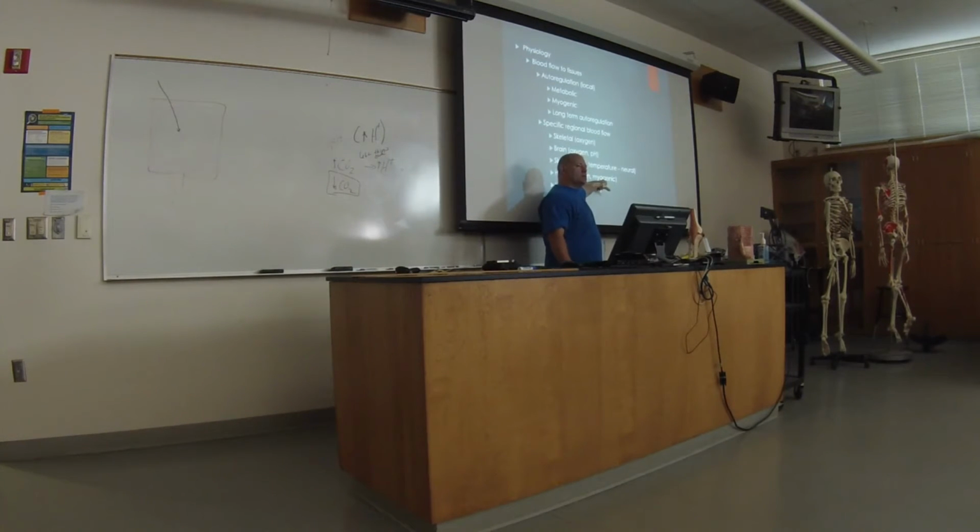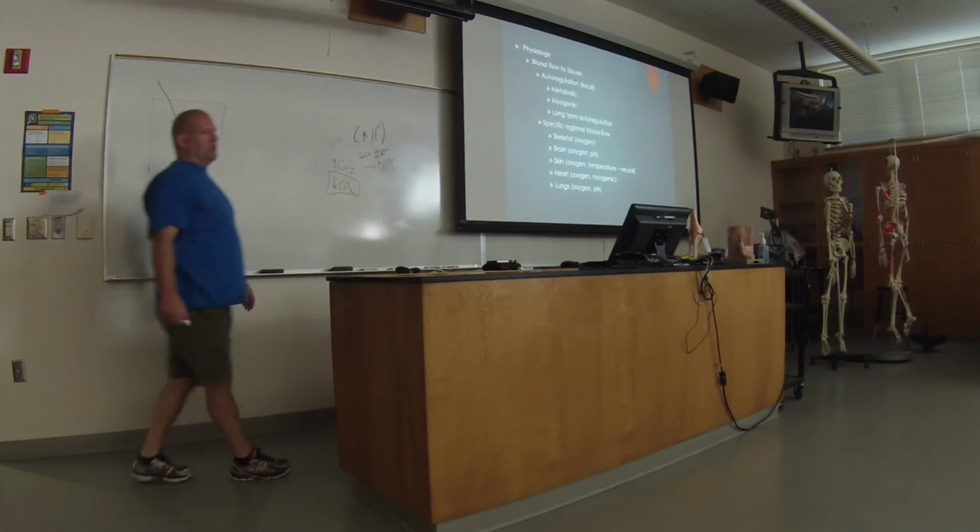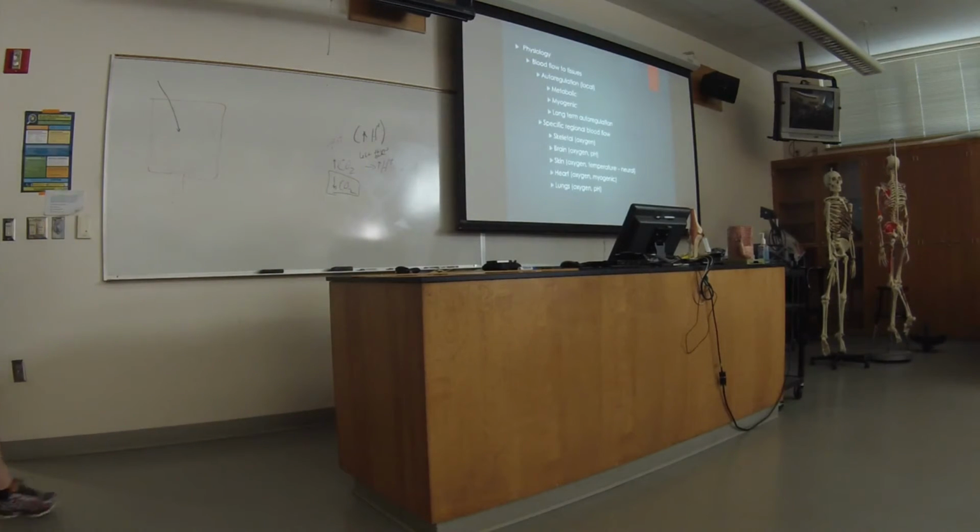Myogenic is very important because of the tiny, tiny coronary vessels that serve the heart itself. So it responds to myogenic more than some of the other tissues. Now, out of all of these, the lungs are the most bizarre, okay? Because they work opposite of everything else.